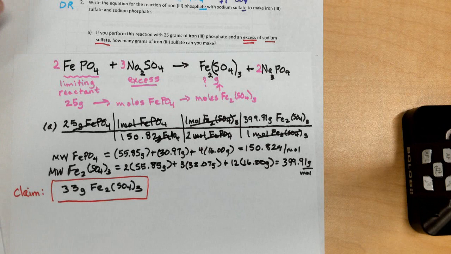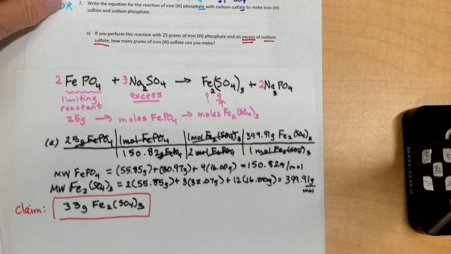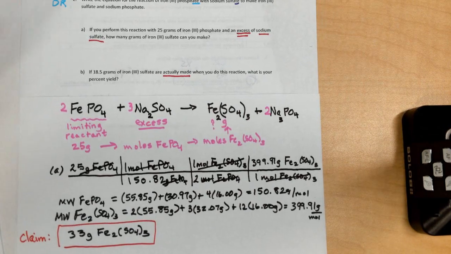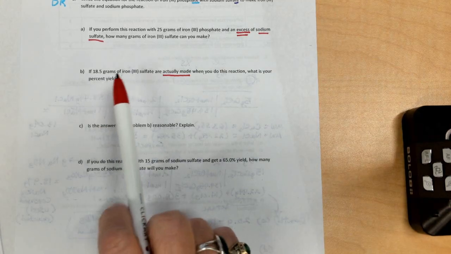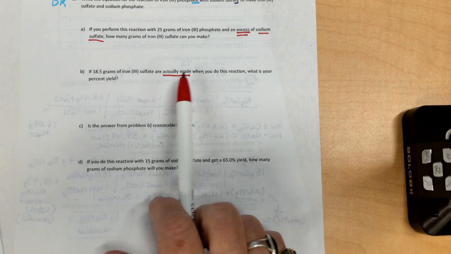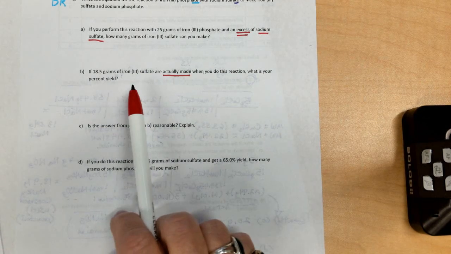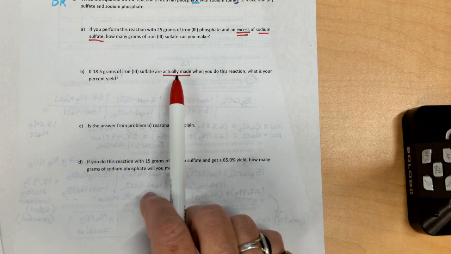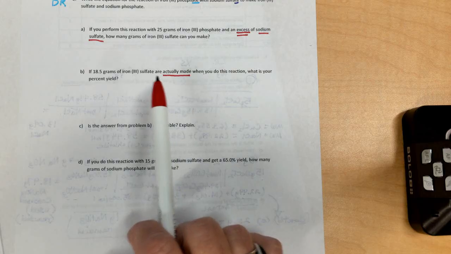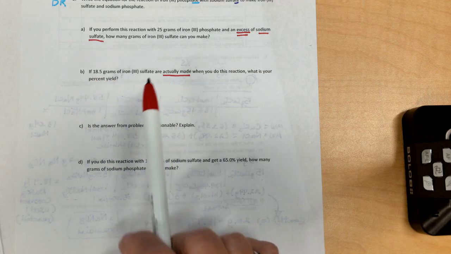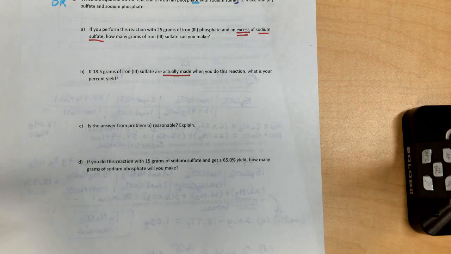So that's part A. Now let's look at question B. Question B says, if 18.5 grams of iron 3 sulfate are actually made, what is your percent yield? Remember, actually made is what you're doing experimentally. So this is my actual yield. What is this number?